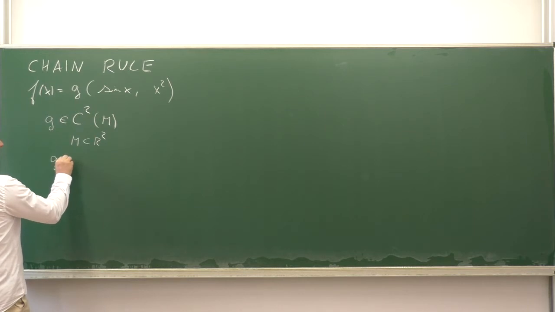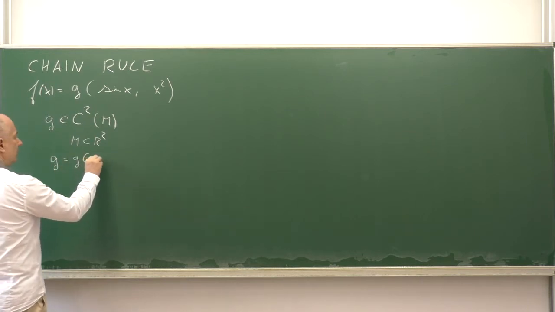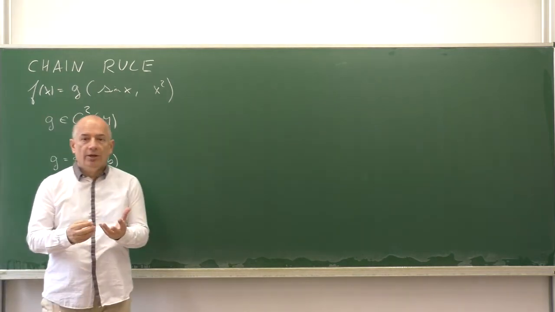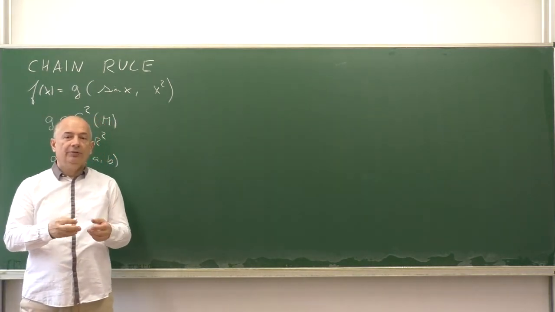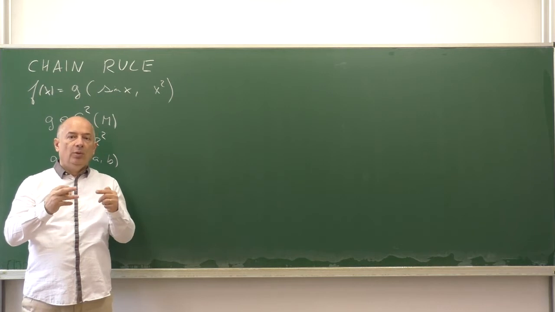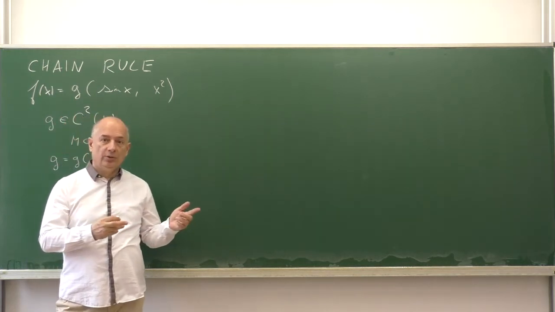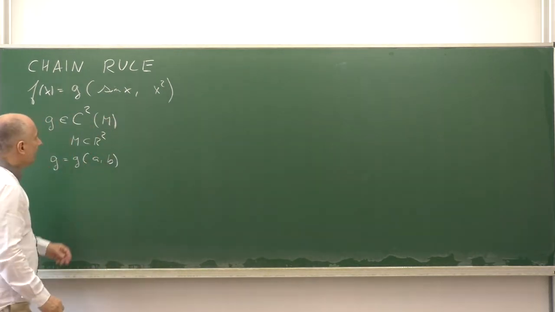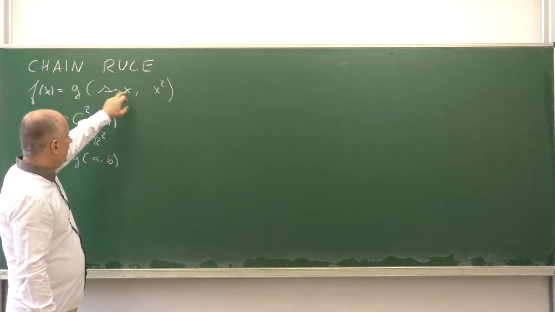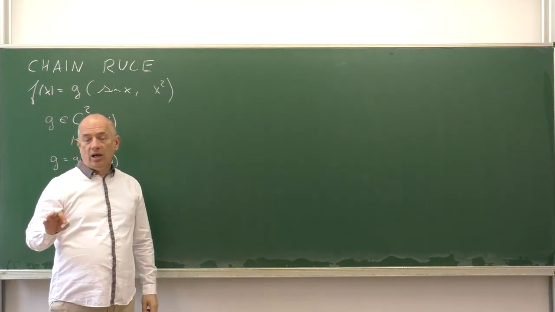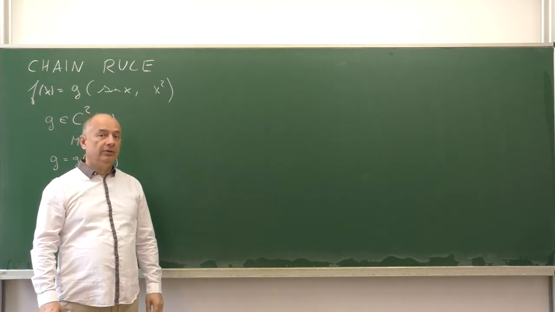We also denote the arguments of g, say a and b, so that we can use the expression for derivative of g with respect to the first argument and derivative of g with respect to the second argument. If g had just one single argument, then g prime would be a perfect symbol for the first derivative.